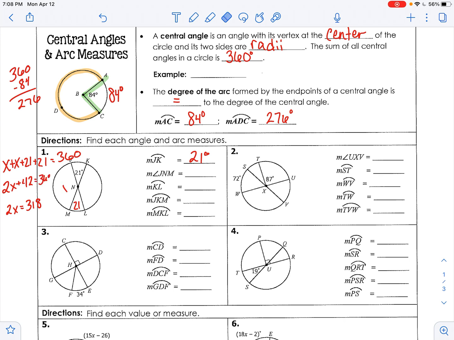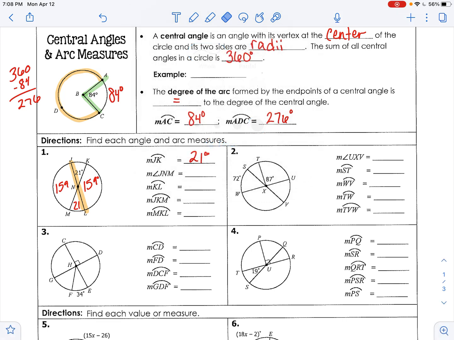You'll still get 159 degrees either way. And again, the other way that we could have solved this is by taking half of our circle, which is 180 degrees. So 180 minus 21 would give me 159.